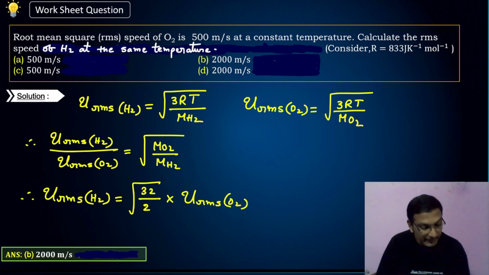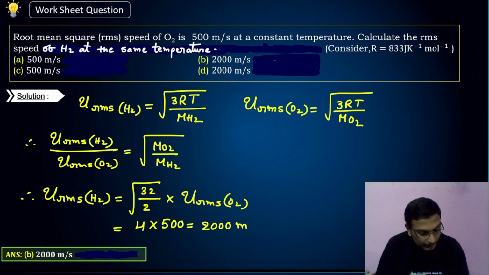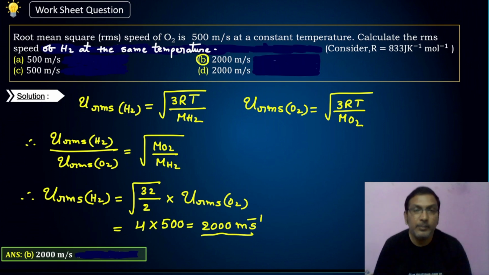This value is 32 by 2, 16, root 16, 4, into the RMS speed of O2, which is 500. That is a total of 2000 meters per second. This is the value. So option B. Important and simple question. Next question.